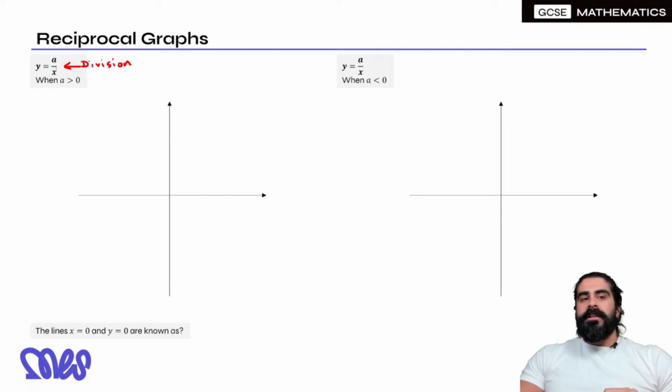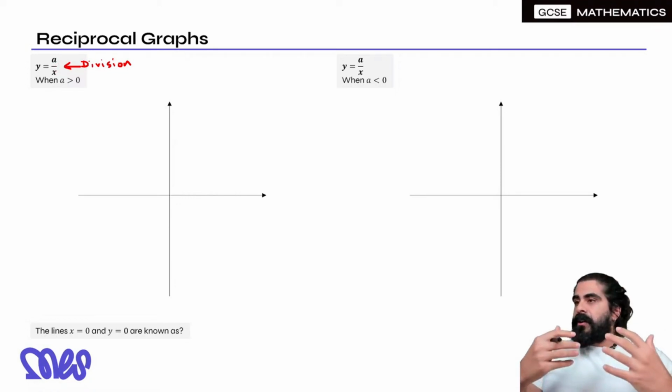If you keep making x bigger, bigger, bigger, you're making the denominator bigger. Will the overall number get bigger or smaller?